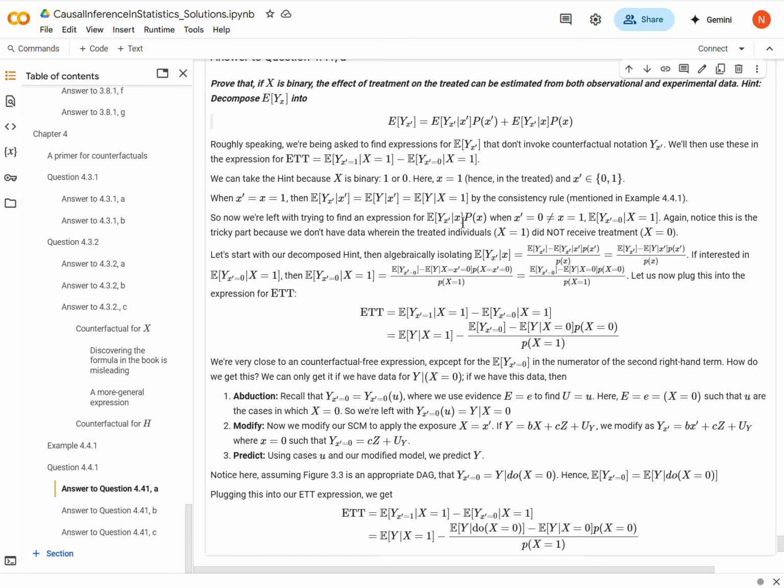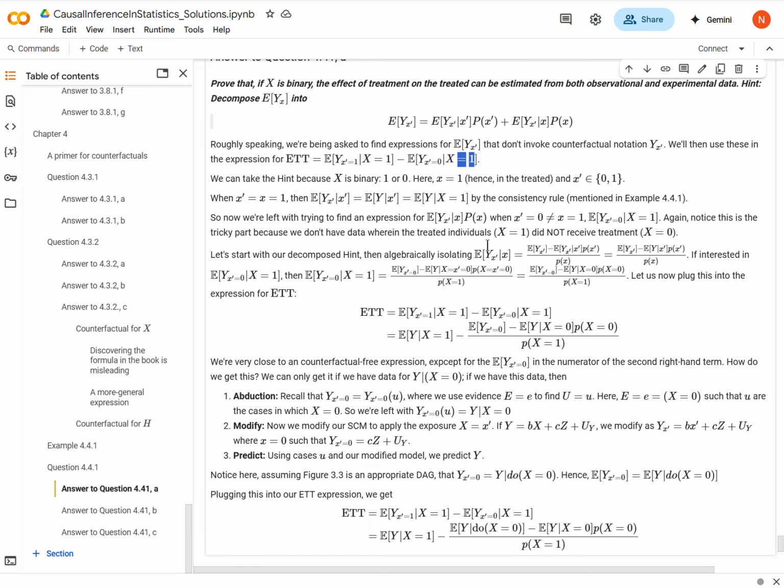Again, the reason that this is tricky is because whereas when the counterfactual value lines up with the observed value, we have data already for that outcome, here we don't have observations for the counterfactual value. So let's try to find an expression for this, which is going to ultimately correspond to this, again where the counterfactual value does not match the observed value.